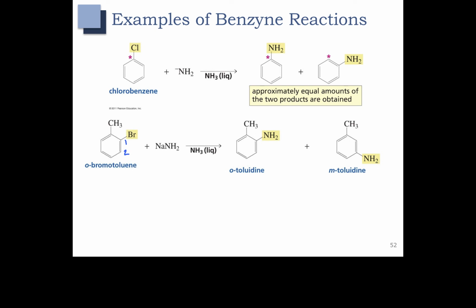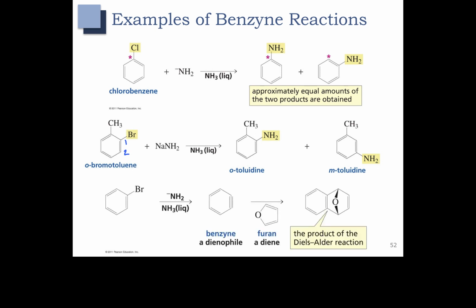In this last example, you can see that the benzyne can be formed. It can also do different types of reactions. This bottom reaction here is a Diels-Alder reaction, which we're going to cover in chapter 24. So this is just another cool application of benzynes.